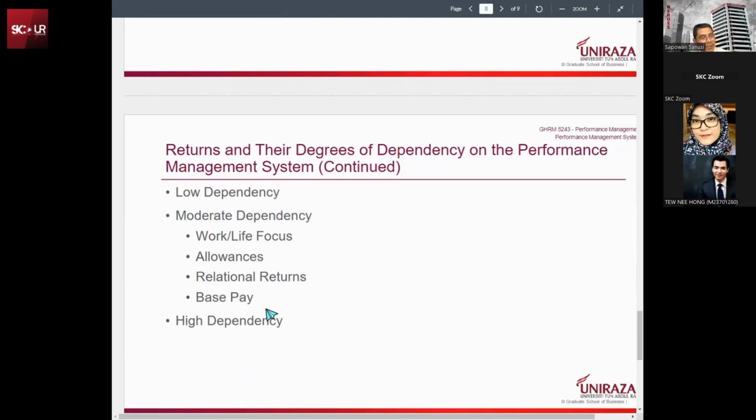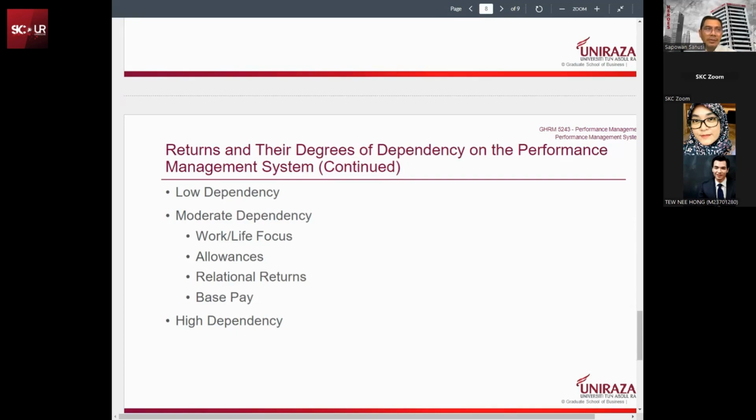Basic pay, they go for allowances, they give you work-life balance, okay, and then more on relational returns.